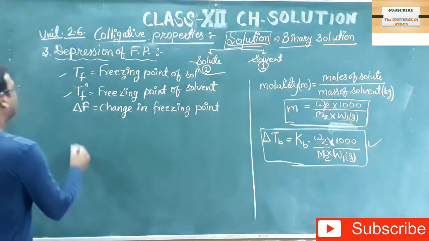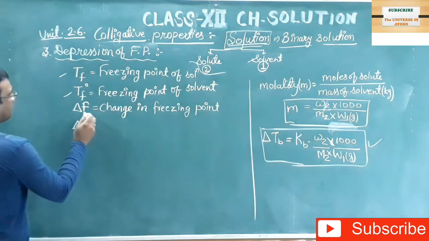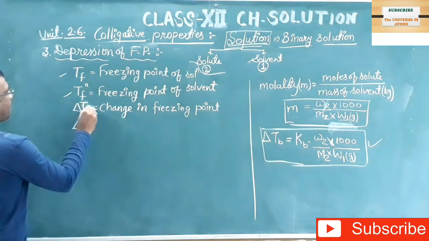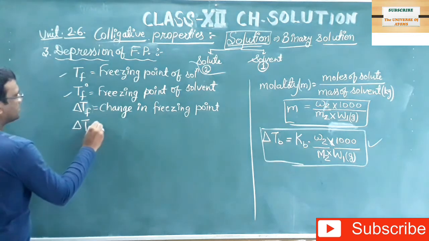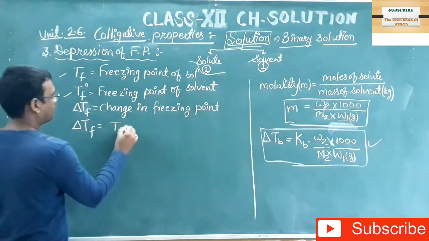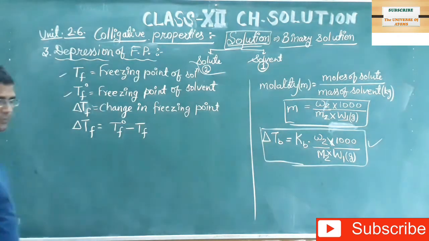So delta TF is equal to, which one is higher? TF naught is higher and TF is lower. So this is the expression for delta TF: delta TF is equal to TF naught minus TF.